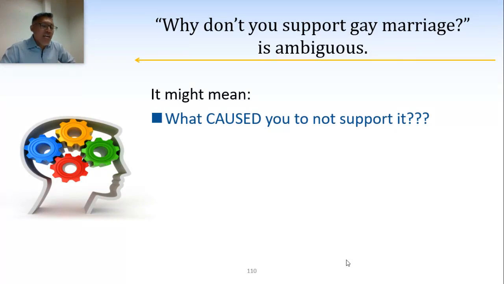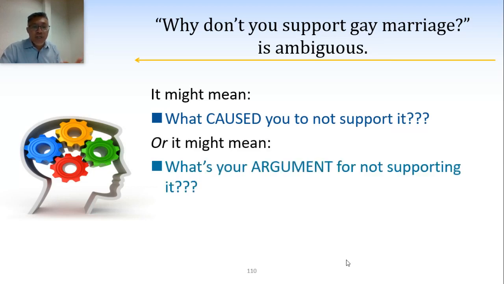Is he asking for an explanation of where this non-support came from? In which case, the candidate actually did address that, right? The candidate did tell us what the cause was for his non-support, or the explanation for where that comes from. But more likely, Russert was really asking for an argument. What is your argument for not supporting it?